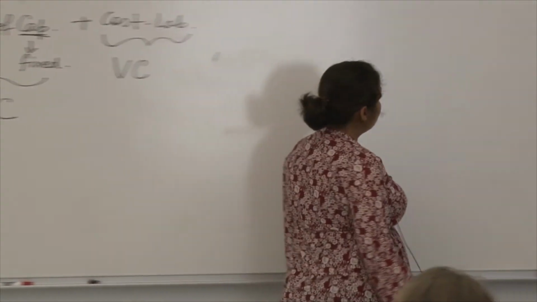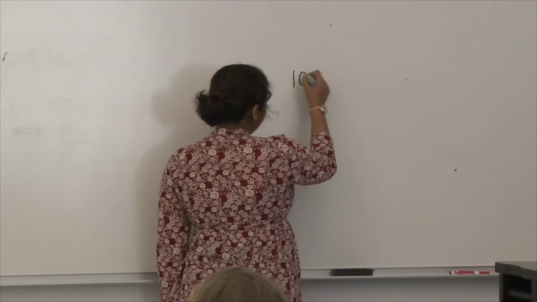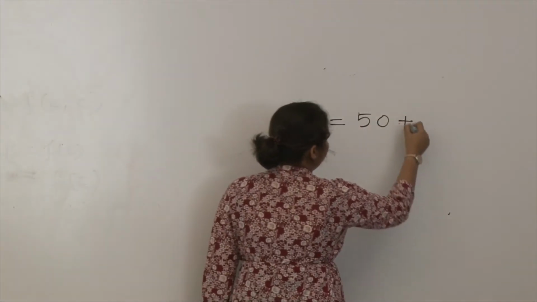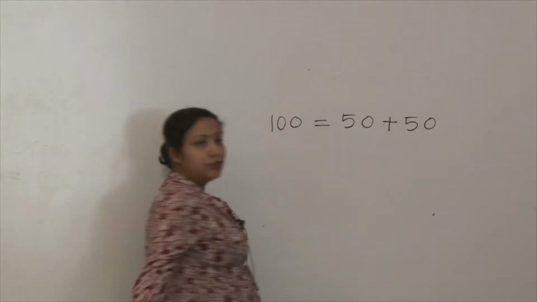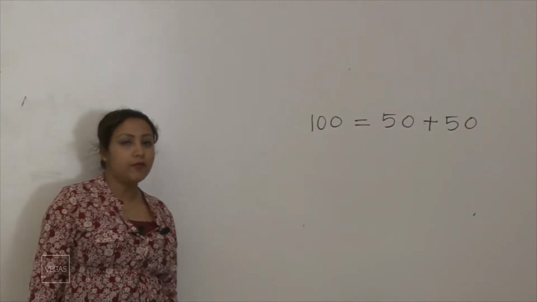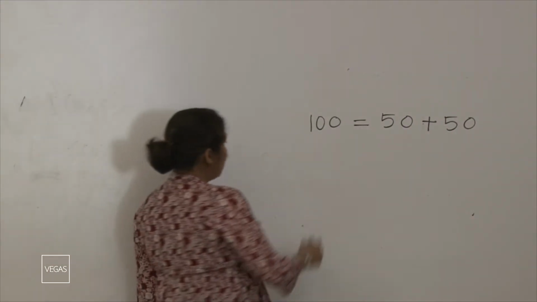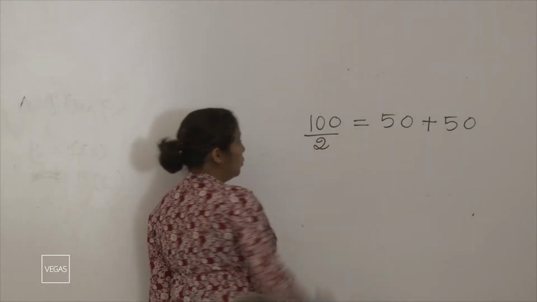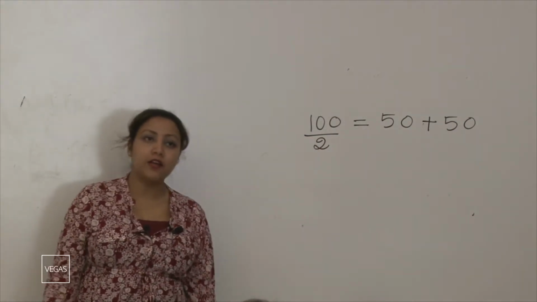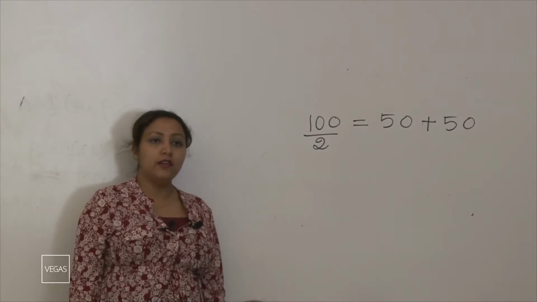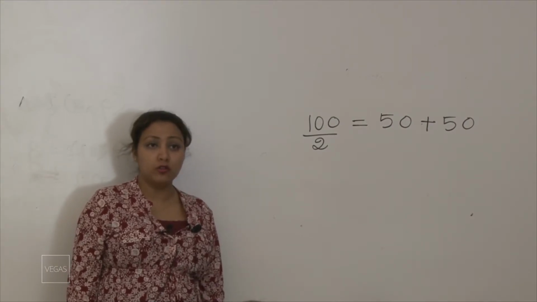Anyways, digressing a little bit, if I have an equation, 100 is equal to 50 plus 50. I have a mathematical equation. You don't have to take this down. Now, if I am dividing 100 by 2, if I divide the left hand side of the equation by 2, then I should divide the terms on the right hand side by 2 also, right?